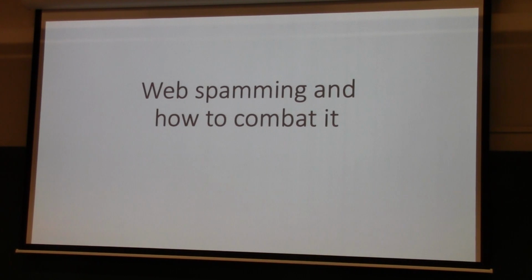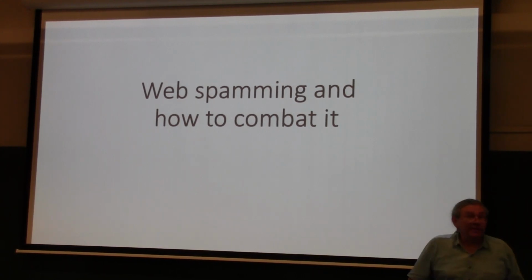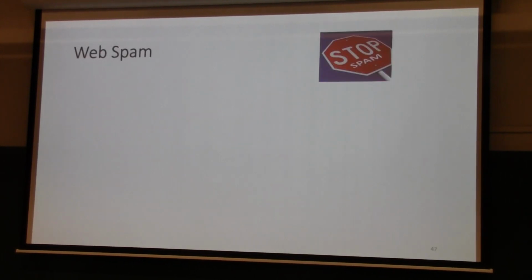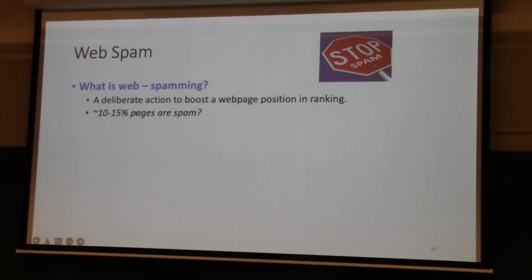So now, the final thing I want to say is web spamming. How can you cheat on PageRank? What is web spamming? Web spamming is a deliberate action to boost a web page in ranking.